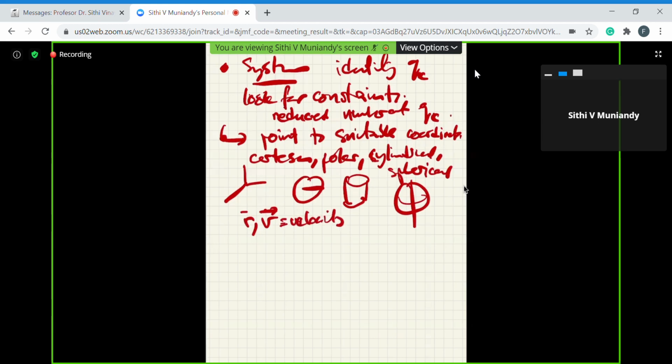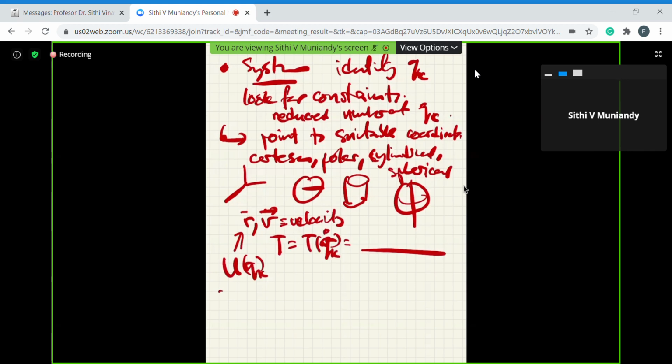Why do we need to know this? Because your kinetic energy is a function of velocity, so the velocity depends on the coordinate system. And the potential energy is a function of the Q_k, while the kinetic energy is a function of Q dot.